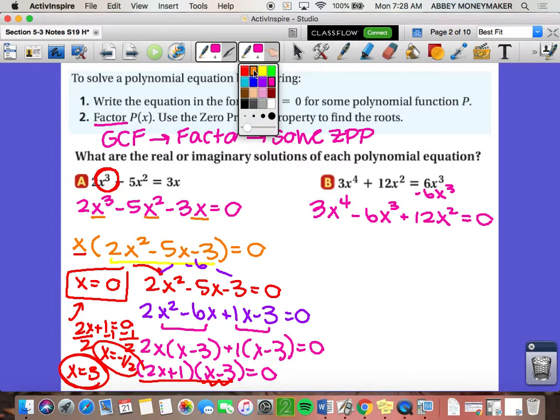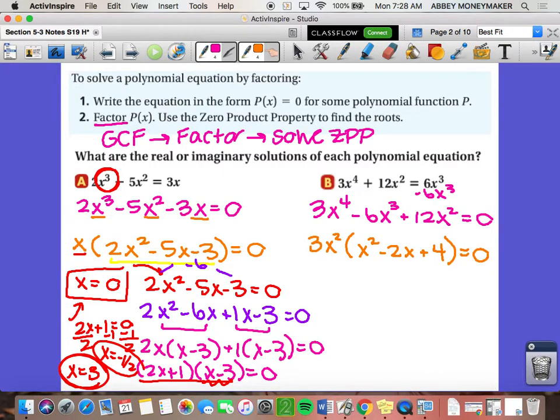So I have my equation set equal to 0, and now I want to look for that GCF. What do all of these terms have in common? They have a 3x squared, so that leaves me with x squared minus 2x plus 4. So 3x squared times x squared minus 2x plus 4 is equal to 0.